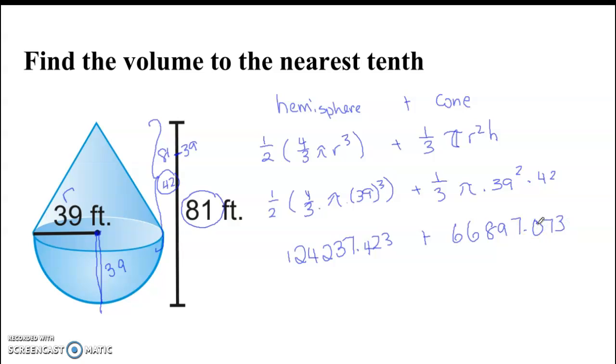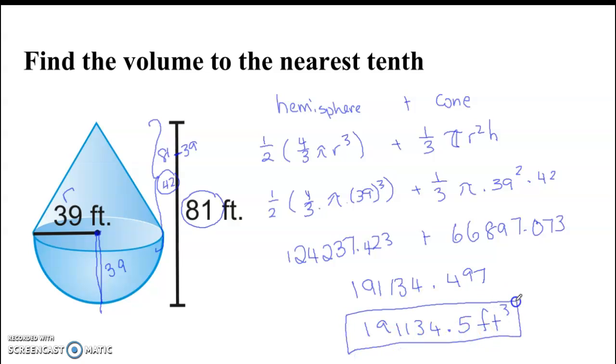And remember, your final step was to add these two numbers together, which gives me 191,134.497. Nearest tenth means one decimal. So your final answer would be 191,134.5 feet cubed. So again, just follow the 3 steps in your head.